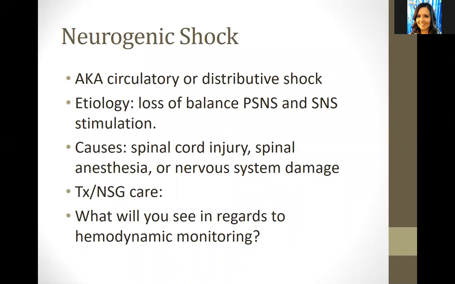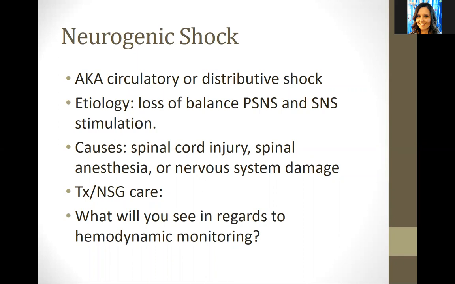We get vasodilation because we've lost our sympathetic tone. Remember, the sympathetic nervous system speeds things up, so it vasoconstricts and increases our heart rate. If we lost that, now we have the parasympathetic nervous system taking over. So we get overwhelming vasodilation, and the heart rate decreases.